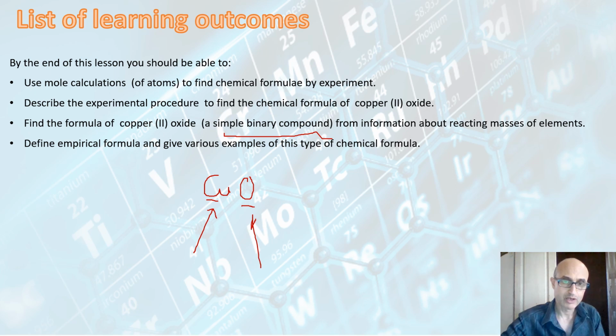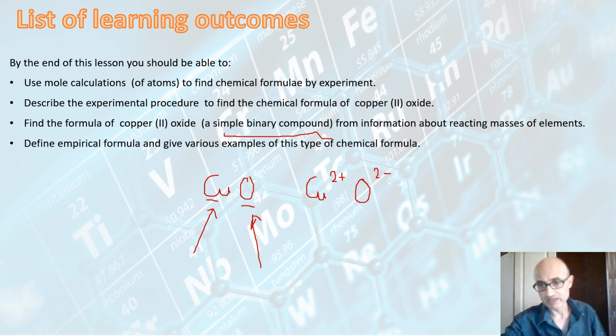Remember that copper 2 oxide is an ionic solid, so realistically speaking, what it really contains is a Cu2+ cation, a positive ion, and an oxide anion. Now, the formula as displayed shows us that the mole ratio, the number ratio of the atoms, is 1:1. But we know that via valency. What we're going to do is prove that formula by means of experiment.